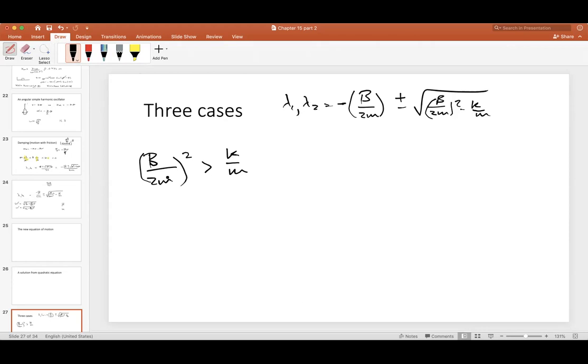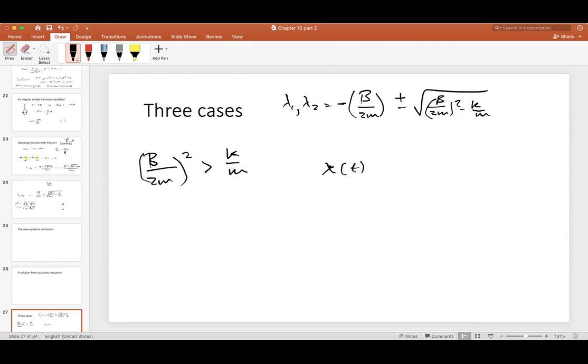If the drag force squared is greater than the spring force divided by m, what happens is we get solutions that look like this.